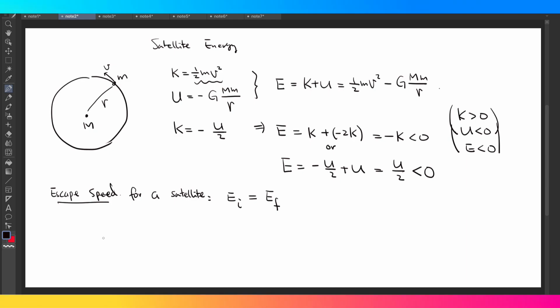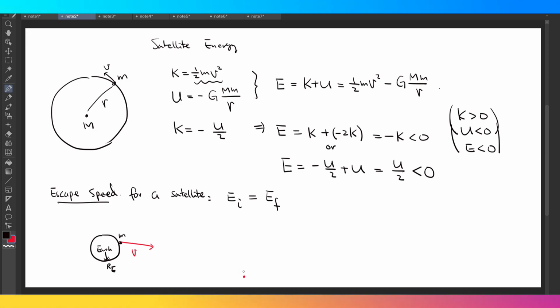Okay, so now let's say I'm going to draw a bigger Earth, and Earth has radius RE. On the surface here, we have a little m, the satellite, and we want to give it some speed, let's say v, so that it can go up in the sky and hopefully escape.